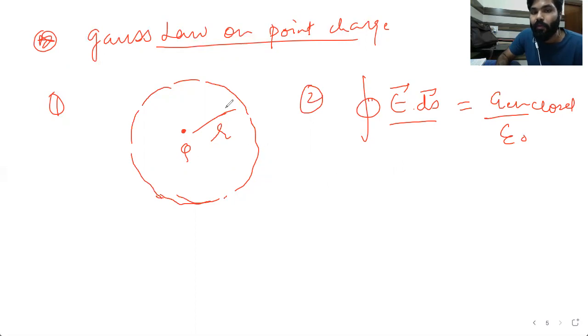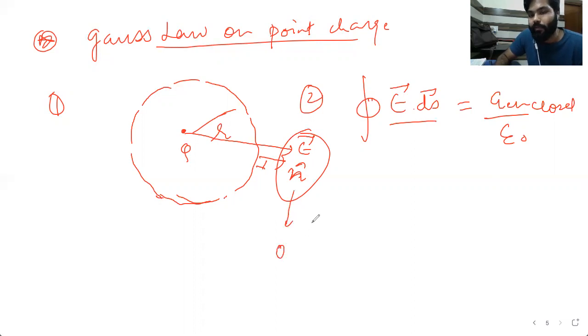The normal of the surface will always be perpendicular to the surface, and the electric field is also in the same direction. Normal is the direction of the given area, so they have zero angle between them.